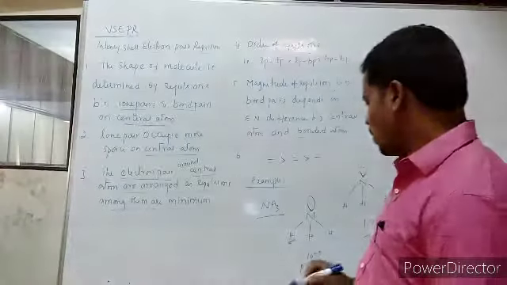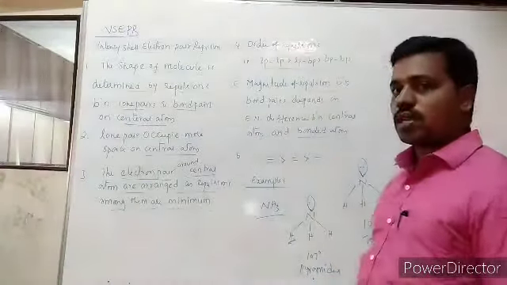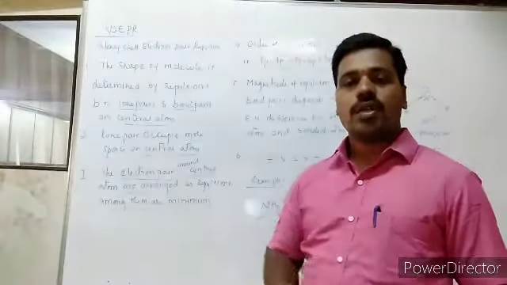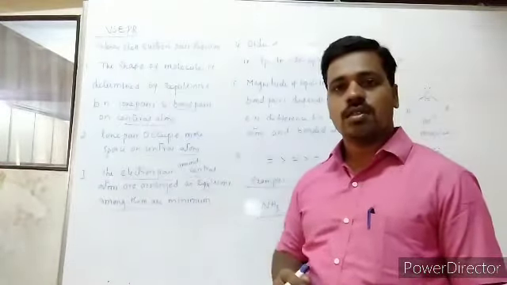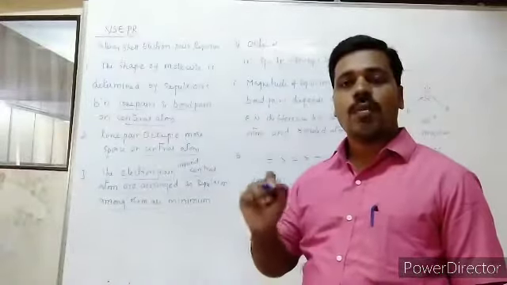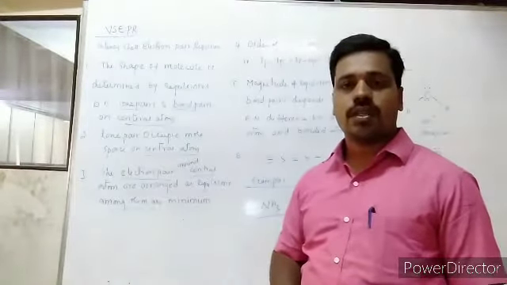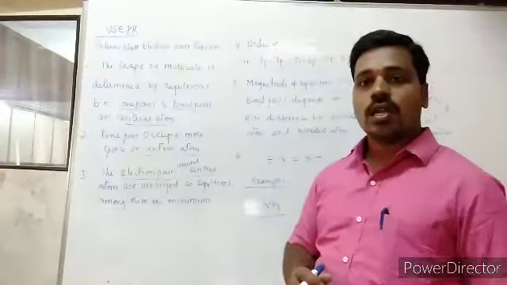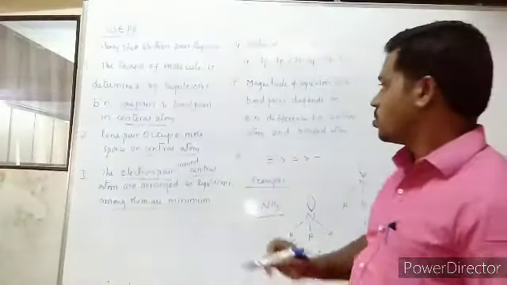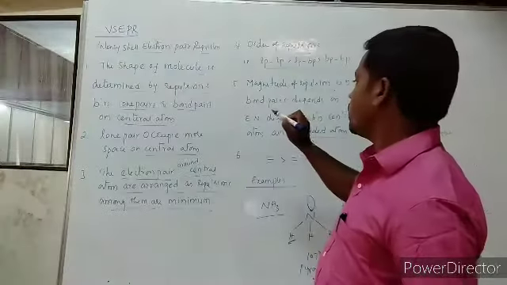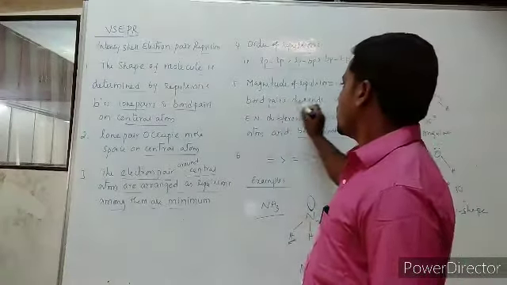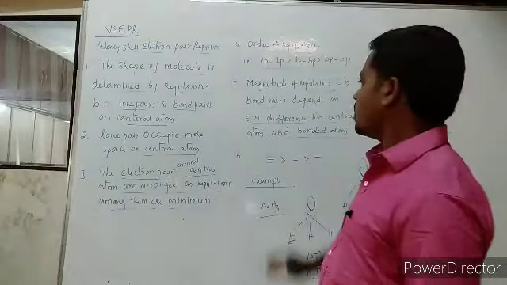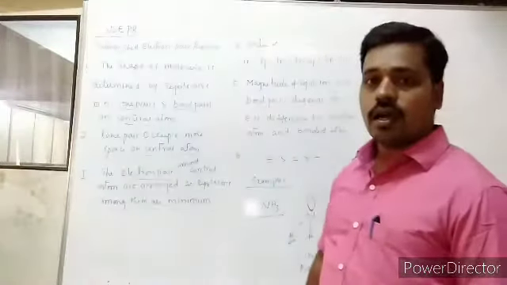For example, if nitrogen has electronegativity 7 and hydrogen has electronegativity 1, 7 minus 1 gives 6. So 6 is the magnitude of repulsion between the bond pairs and lone pairs. In that way, we can calculate the magnitude, which depends on the electronegativity difference between the central atom and the bonded atom.